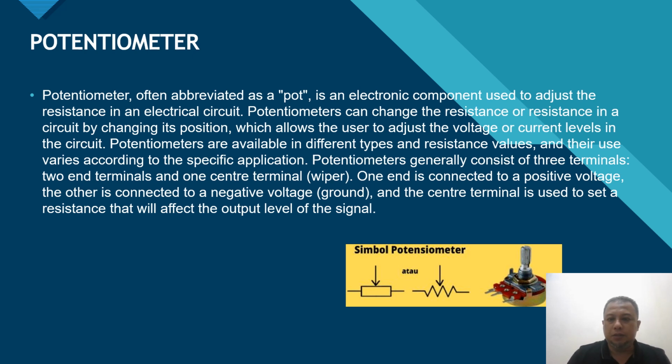It generally consists of three terminals, two end terminals and one center terminal wire. One end is connected to a positive voltage, the other is connected to a negative voltage or ground, and the center terminal is used to set a resistance that will affect the output level of the signal.